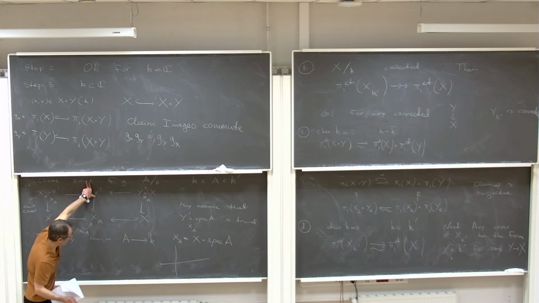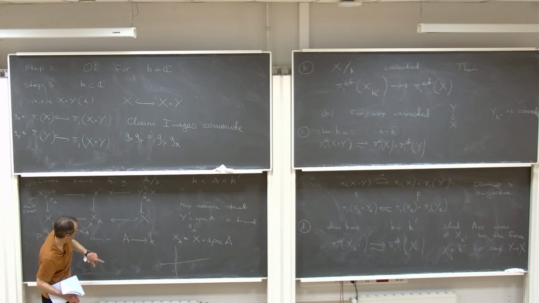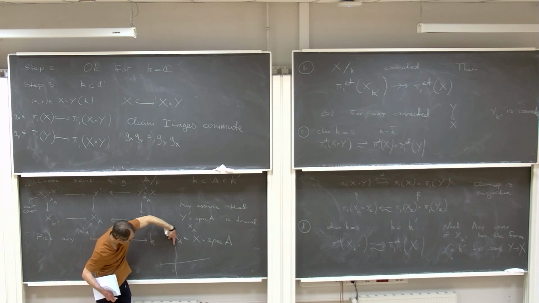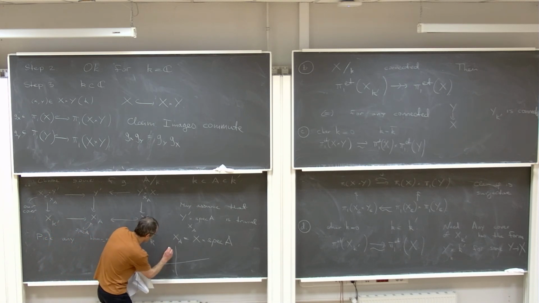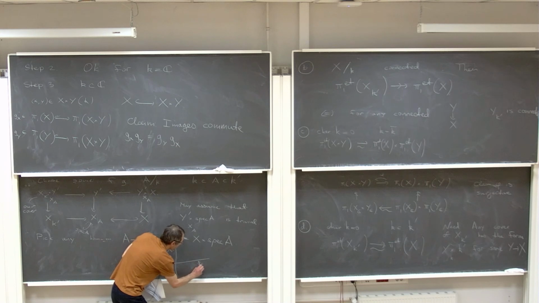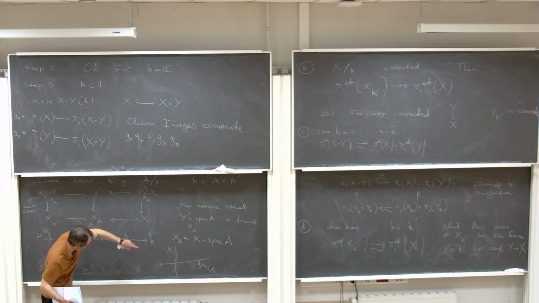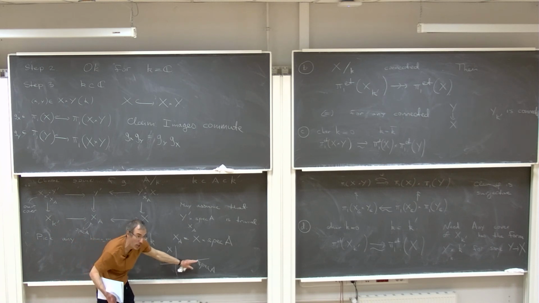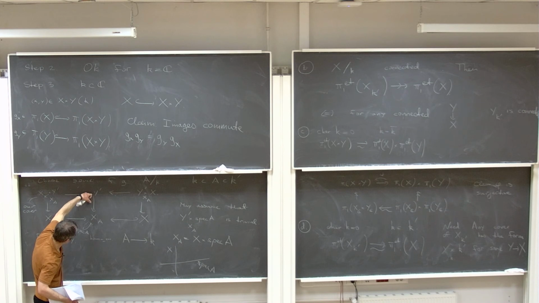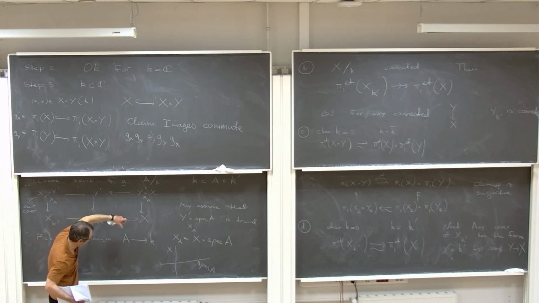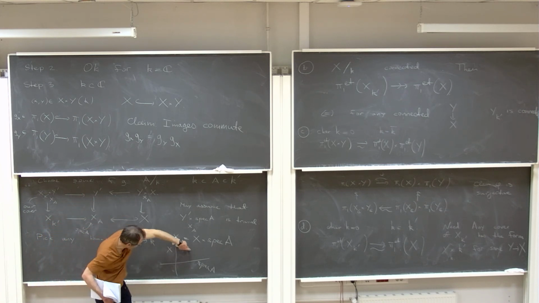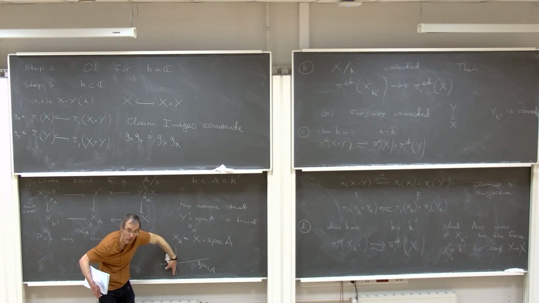And so this is the picture. I have this cover of the product. This is X and this is spec A. So I have this cover. It has the property that its restriction here is trivial. And now what I do, I take this cover, I restrict it to this vertical line.